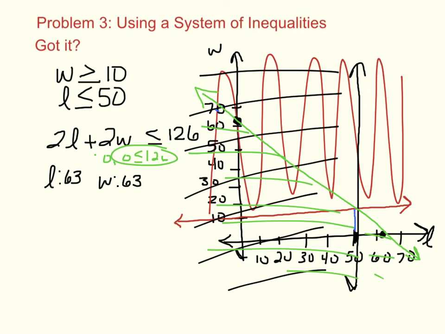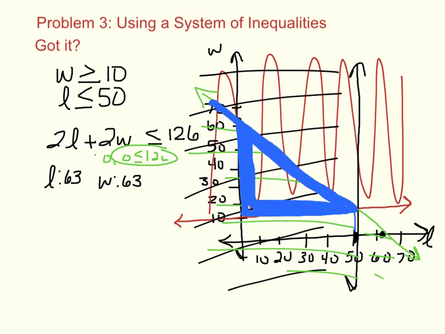It has to be above the red line, smaller than this green line. And now, wait a minute. Look where I'm going. Can we have a negative number of fencing? No. So it's only going to be this region right in here. Those are all the dimensions that I could use for lengths and widths to make my fencing for a dog run.